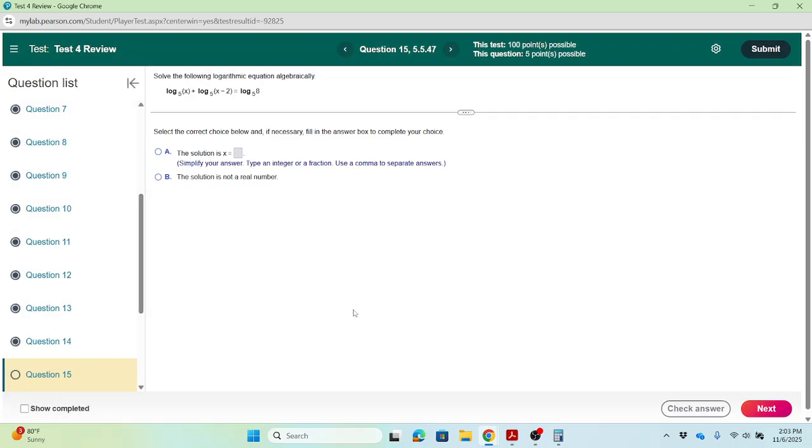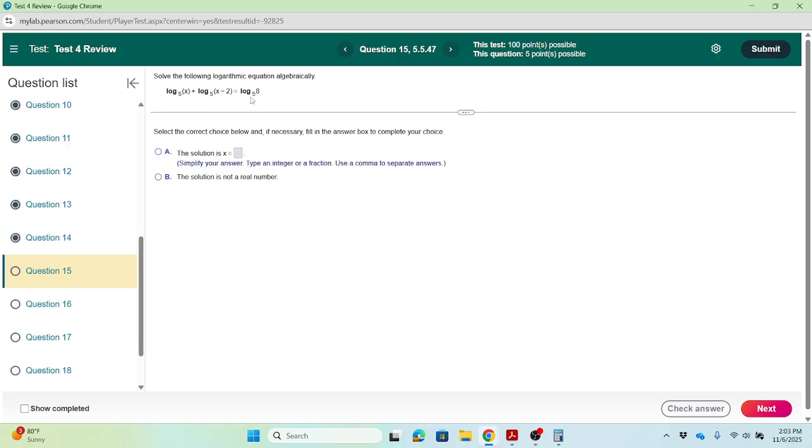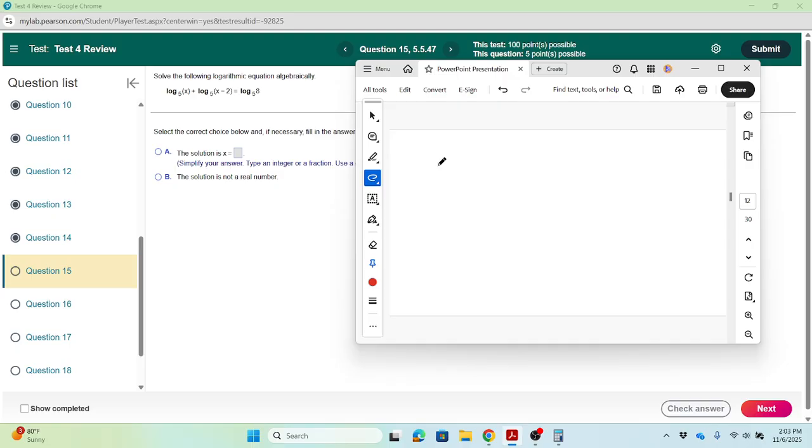I forgot to simplify. Okay, how do you solve a problem like this? First of all, try to express both sides as a single log function. On left side, we can use the product rule, so we can express this as log base 5 of x times x minus 2 because there is a plus sign. And other side there is log base 5 of 8.